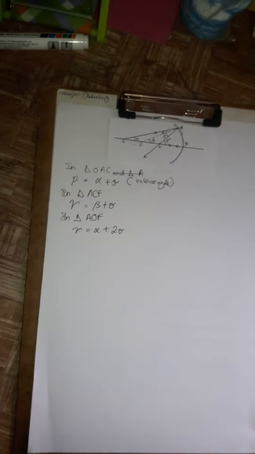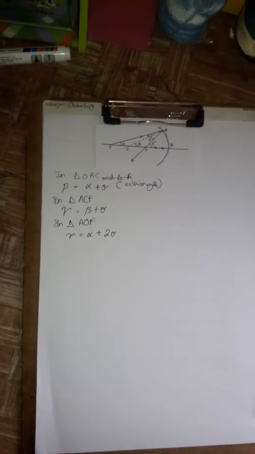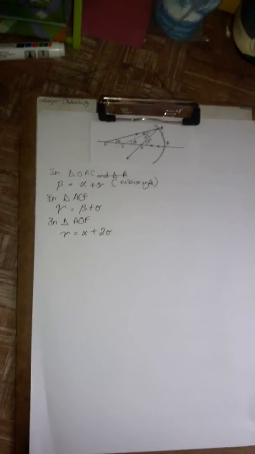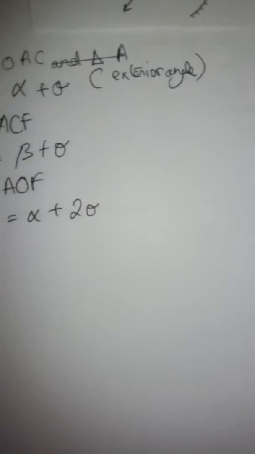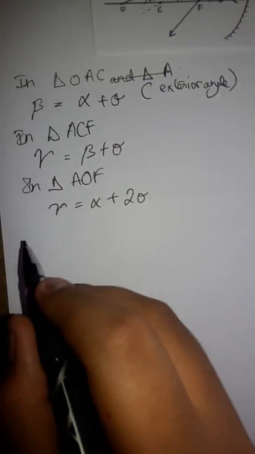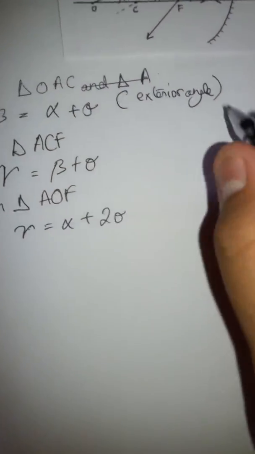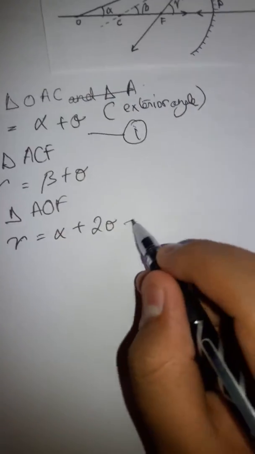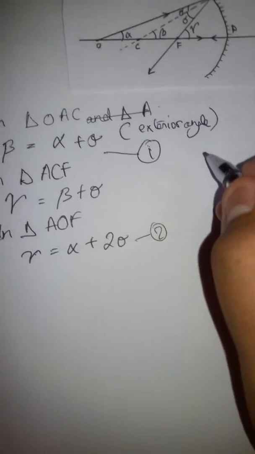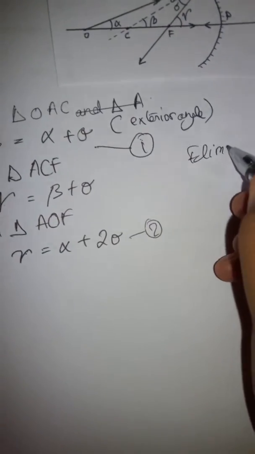Now if we add these two equations, or eliminate theta, it is solved by simultaneous equations. We can use this as the first equation and this as the second equation.